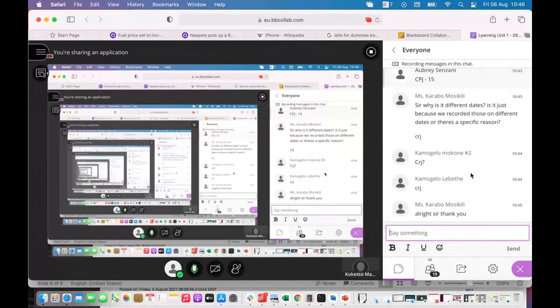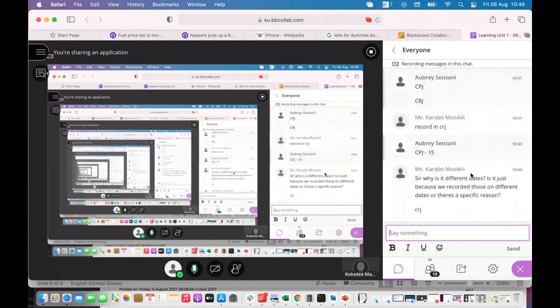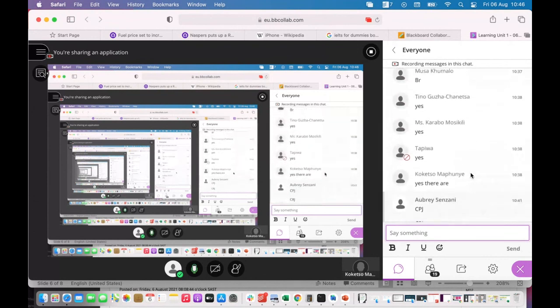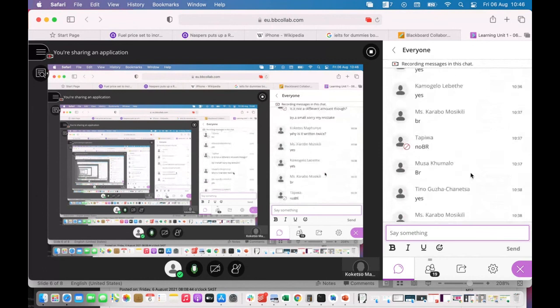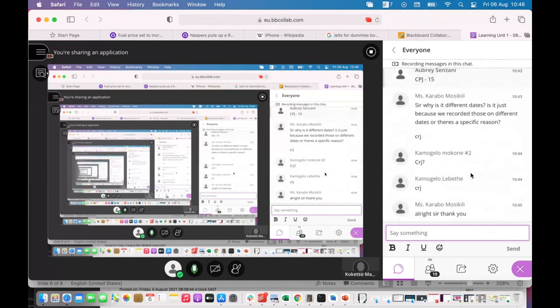We see that in the bank on the 19th, on the credit side, 17,645. Somebody was mentioning this earlier. I can't remember who it was.